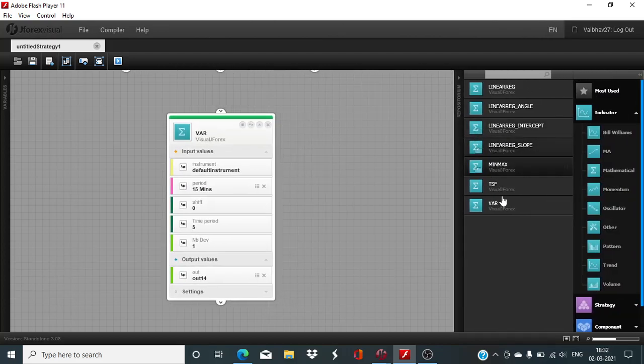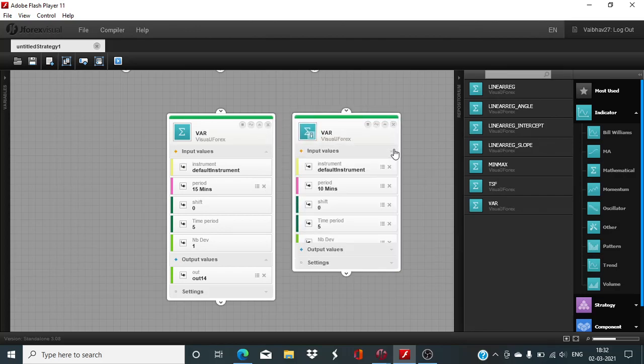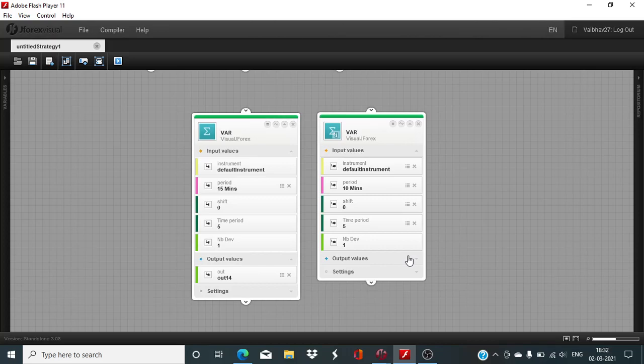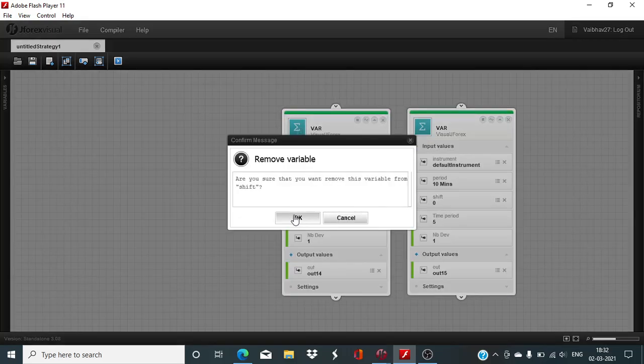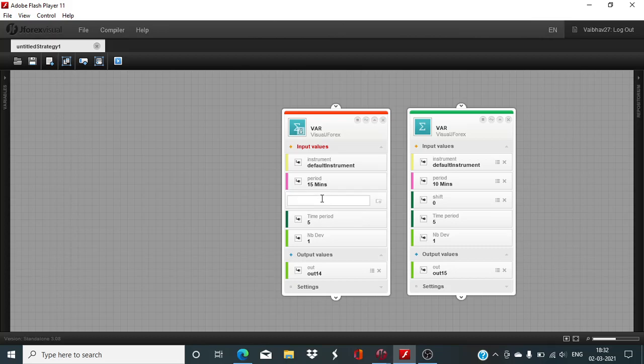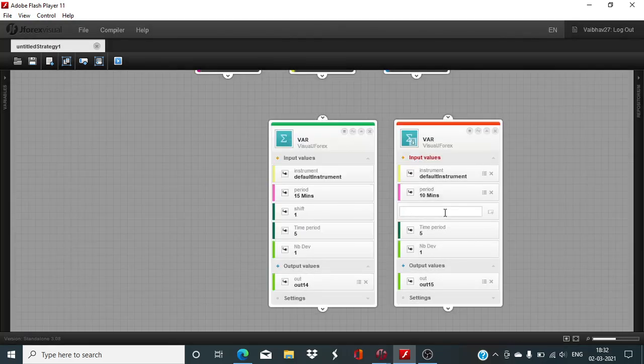Then I will also have to change its look back period. So here it is. With a shift value of 1, it will take the last 15-minute candle close variance output value, and here this will be shift 2.